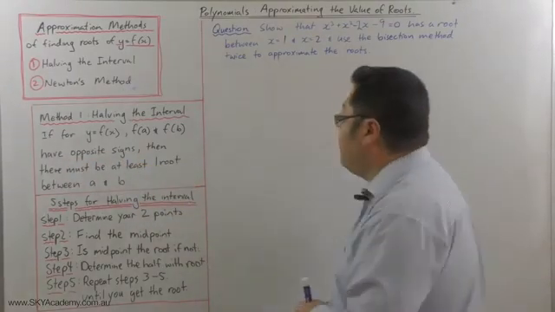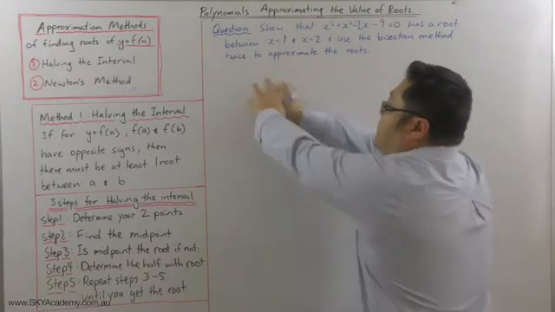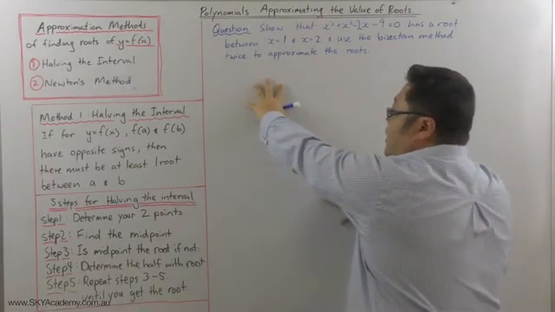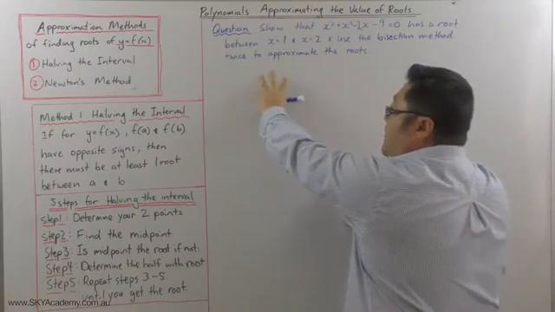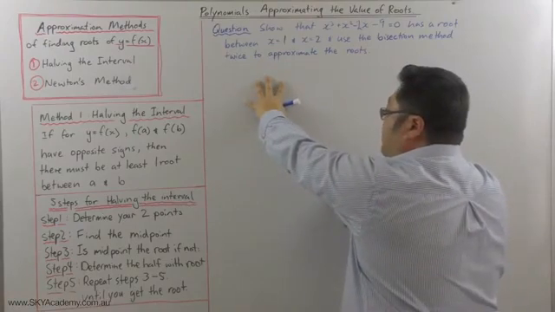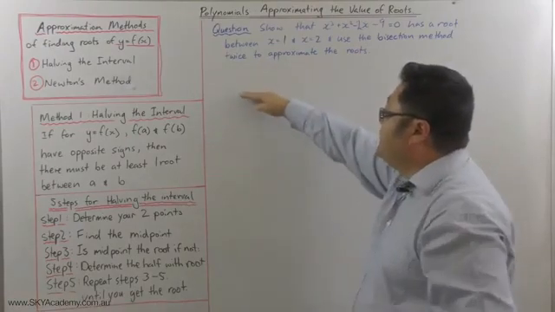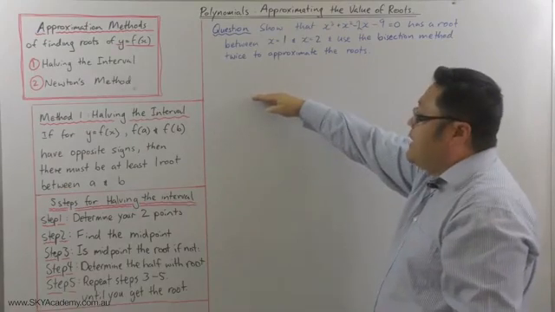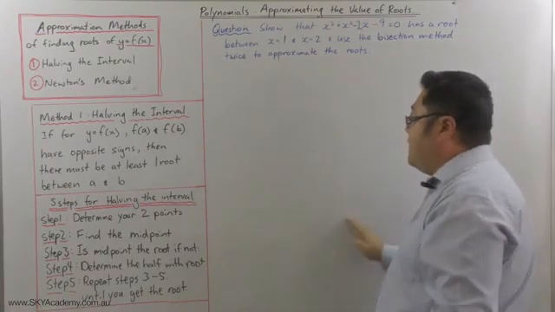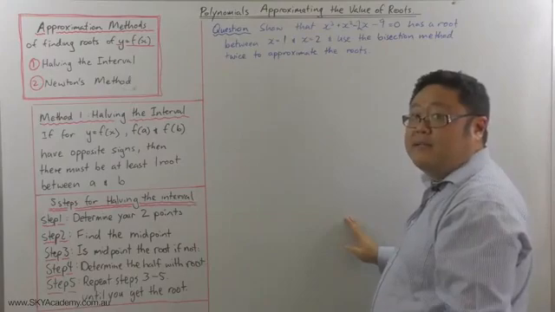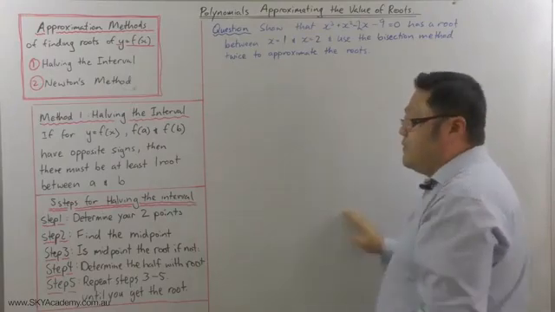In other words, if one part of the function starts above and the other part starts below, then at some point it's got to cross over from above to below. Does that make sense?